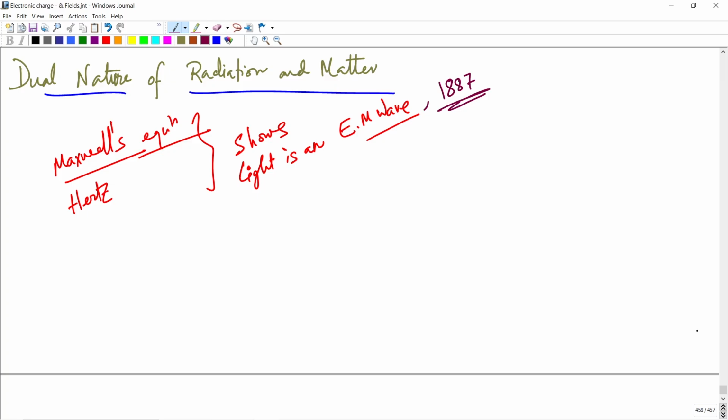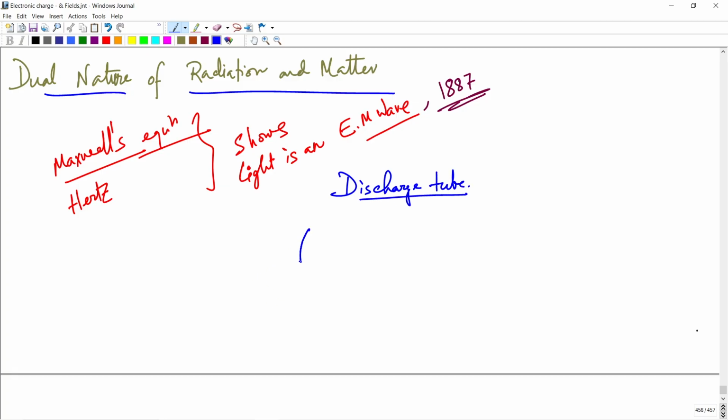Okay, at the same time, the conduction of electricity was investigated with the help of a discharge tube, almost 1 or 2 years or something, maybe 5 years in between these two. So there is a discharge tube, and the tube looks like this.